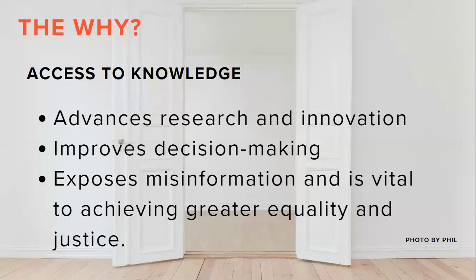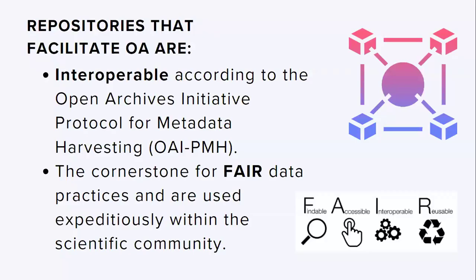So yeah, repositories help and facilitate a lot of this access to information, but to be a good, trustworthy repository that doesn't just duplicate other repositories, I need it to be an interoperable repository.